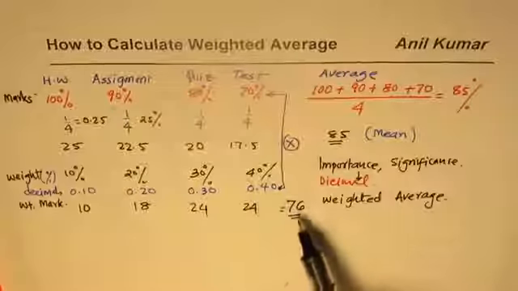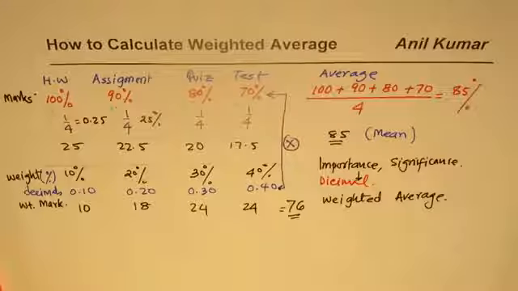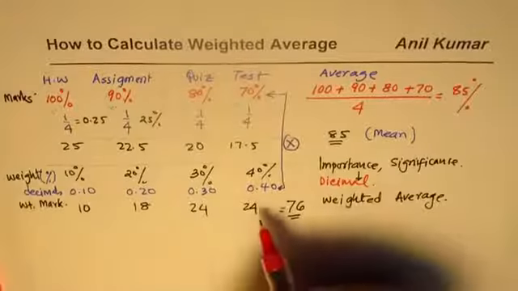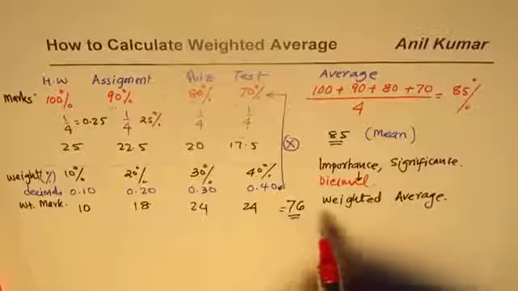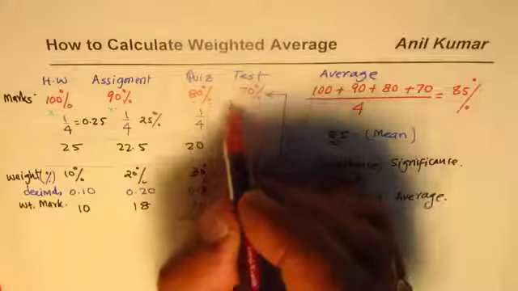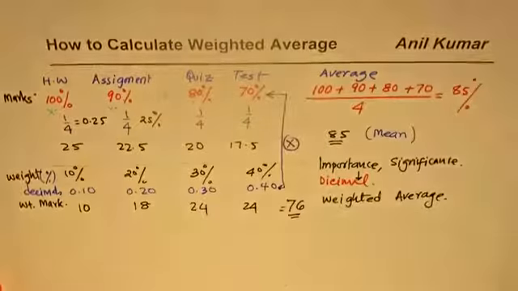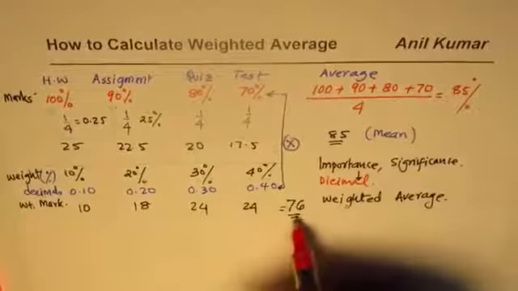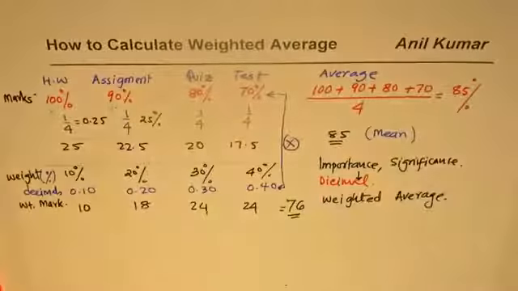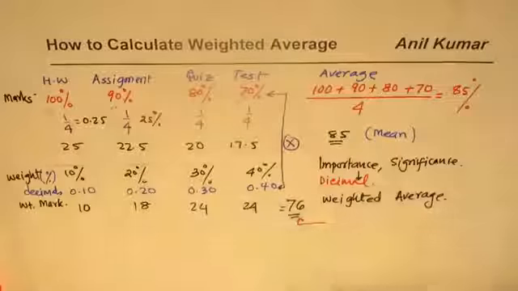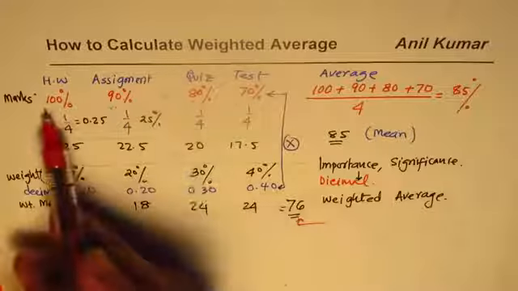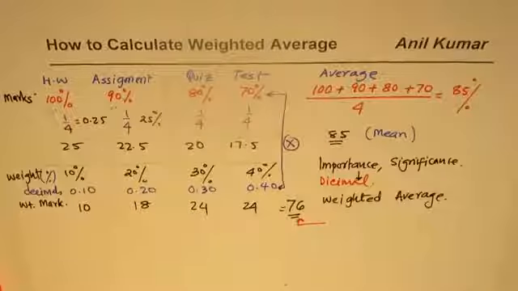So what you see here is that the number, instead of falling right in between, moves more towards 70%, the original whose weight is more, right? So this 76 is closer to 70% rather than homework and assignment where the score was much higher. You get an idea.